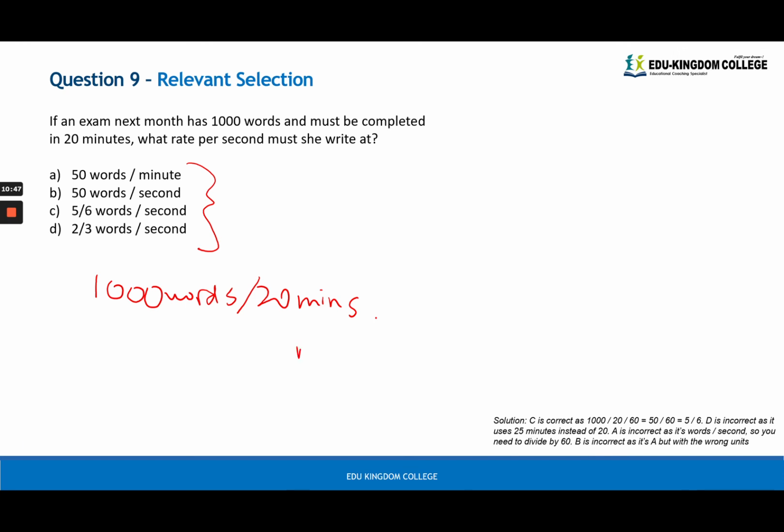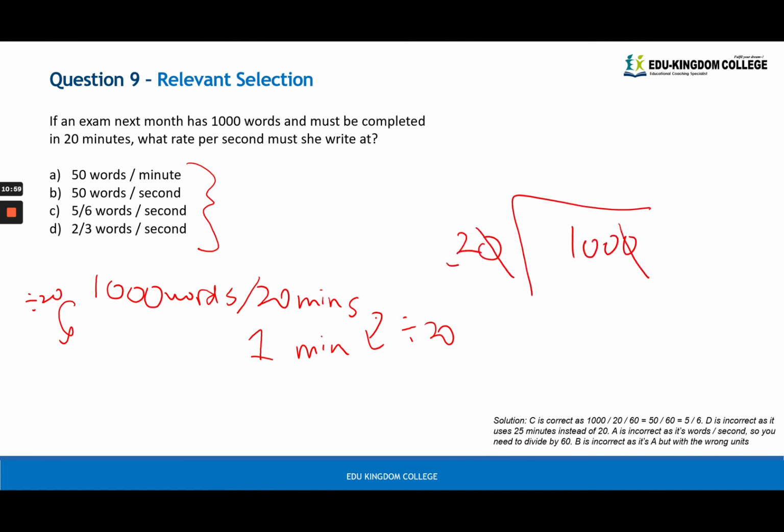So let's get to minutes first to check that one off. So for 1 minute you divide by 20, right? If I divide this by 20, be careful with your zeros. You can cancel this out. So 2 into 100 is 50, right? 50 words per minute.